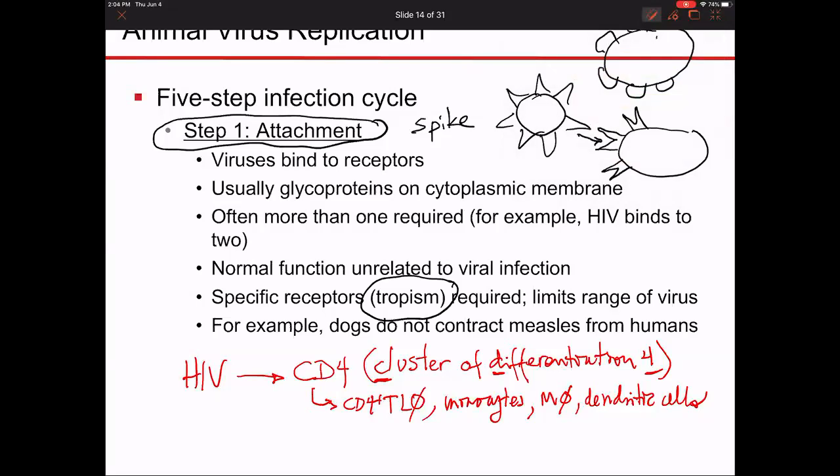So this first step of attachment is a very specific step that will only happen if the virus has a spike that is able to interact with a specific receptor on a target cell.